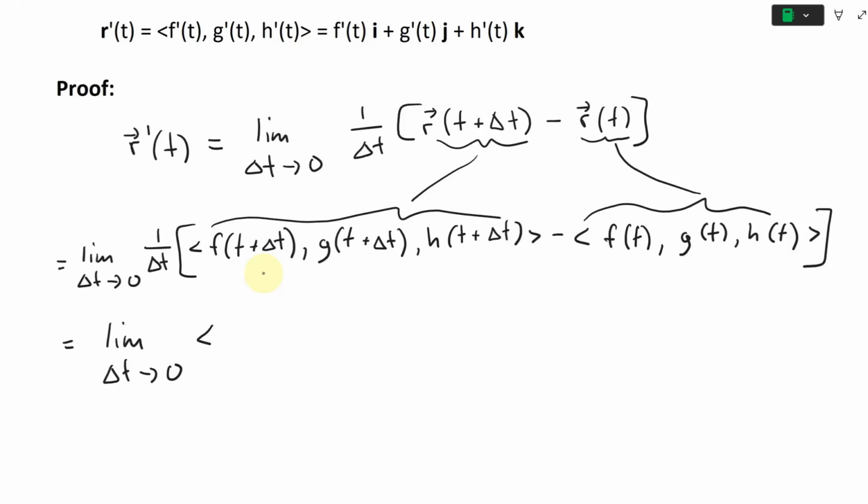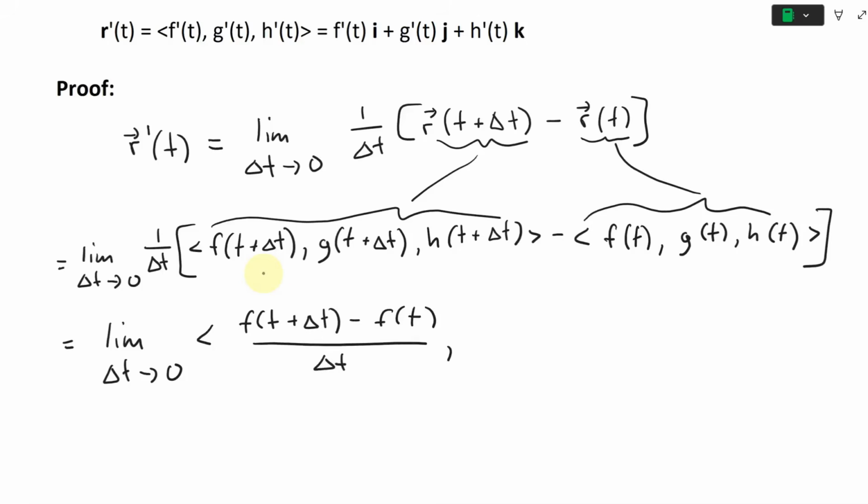The first one is f of t plus delta t minus f of t, divided by delta t, like that.